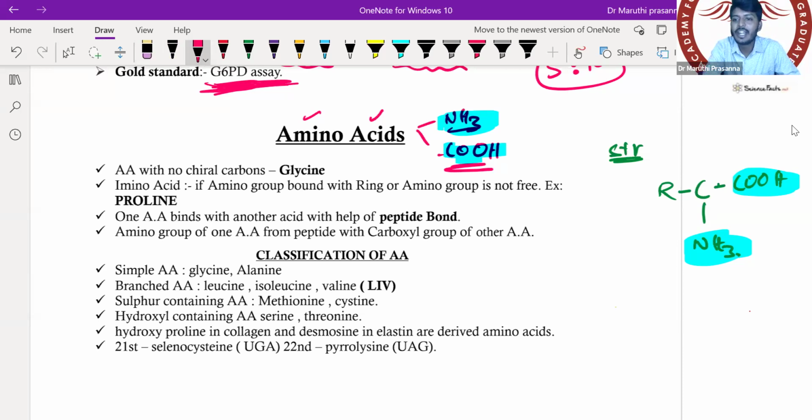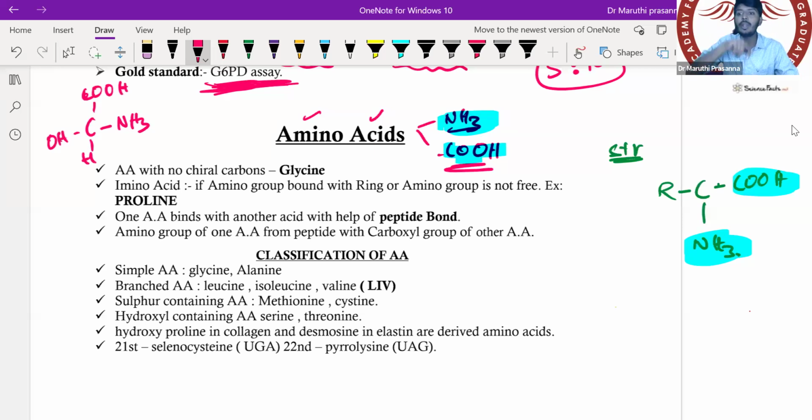We have something called chiral carbon. What is that chiral carbon? Chiral carbon is nothing but a carbon atom in the amino acid. It is bound on one side to NH3, on one side to COOH, on one side to hydrogen, and on one side, for example, let's imagine some OH group.